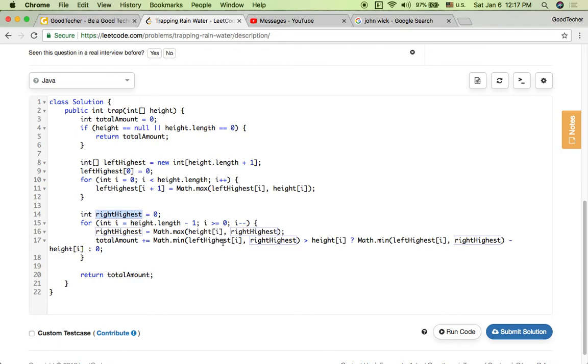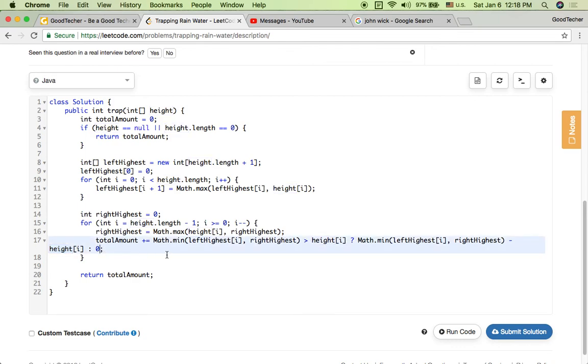So if the minimum between left highest and right highest is greater than the current bar, we are going to use the minimum of left highest and right highest. The difference between this minimum value minus this current height is the amount of water added to the total amount.